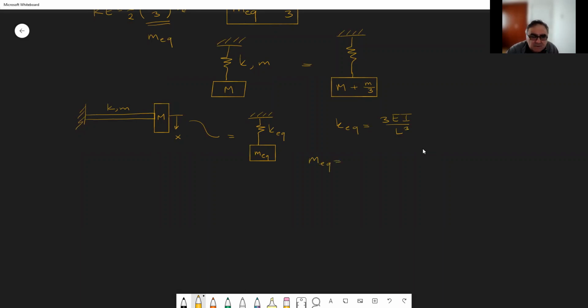If you go through this integration business, it will be M plus 33 over 140 M, which is M plus 0.236 M. So the beam's mass does not contribute as a whole mass, but only 23 or 24% of it contributes to the equivalent mass, as you see over here.